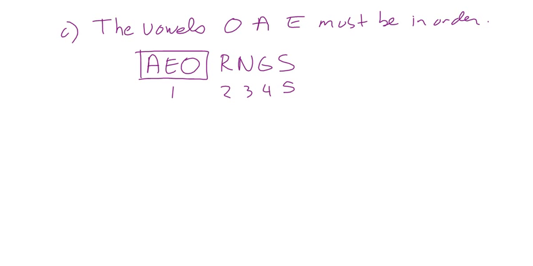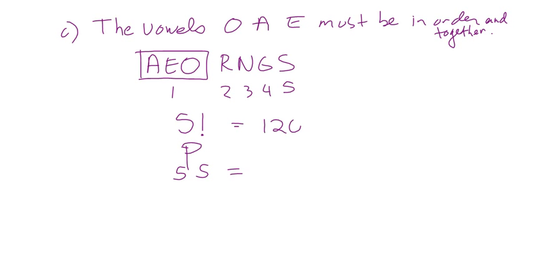So I glue them together, and they're now one tile, and I now have a total of 5 tiles. I've got the tile that says A-E-O, and I've got the tiles that say R, N, G, and S. And so those can be arranged in 5 factorial ways, or 5p5, right? Either way, which is, I think, 120 ways.